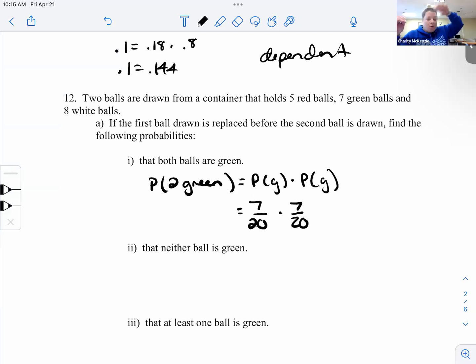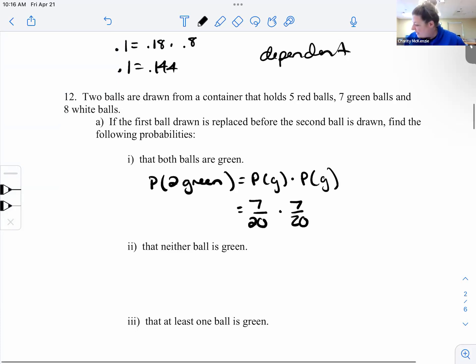If we take a ball out and leave it, that will affect the next time we reach in, so that would become dependent if we have no replacement. If we replace, they're independent. So 7/20 times 7/20 is 49 over 400, or 0.1225.